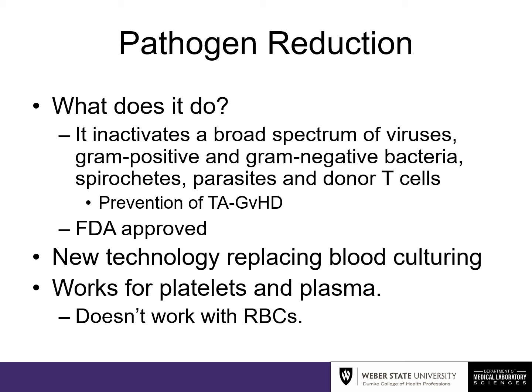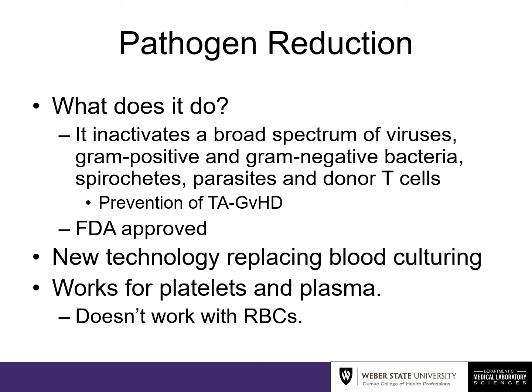We will now continue on and discuss pathogen reduction. What is pathogen reduction, or what does it do? It inactivates a broad spectrum of viruses, gram-positive and gram-negative bacteria, spirochetes, parasites, and donor T cells.